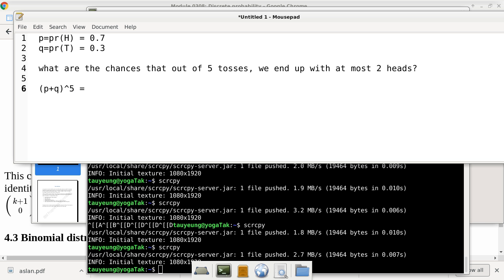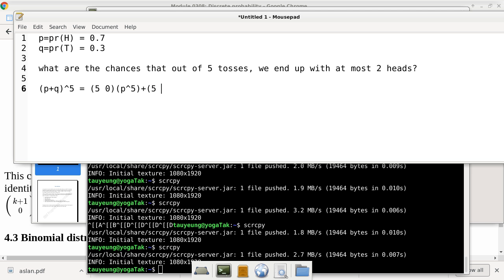So it has a whole bunch of P to the power of 5s, right? How many of those do we have? 5 choose 0 of those. So we have 5 choose 0. I'm flipping the vertical thing to horizontal. Is that okay with you guys?